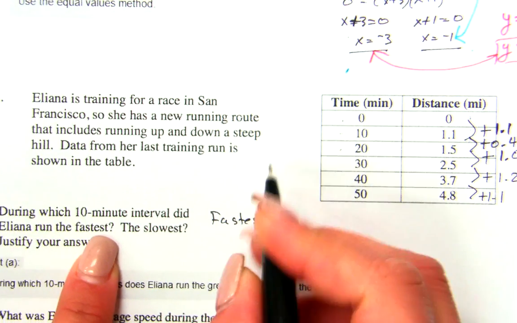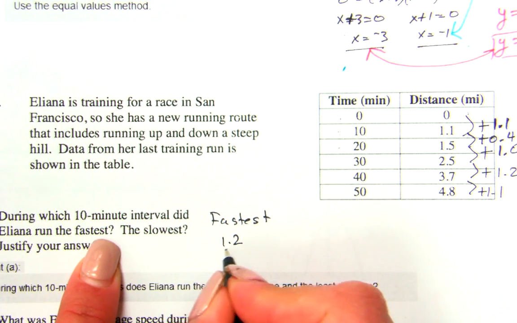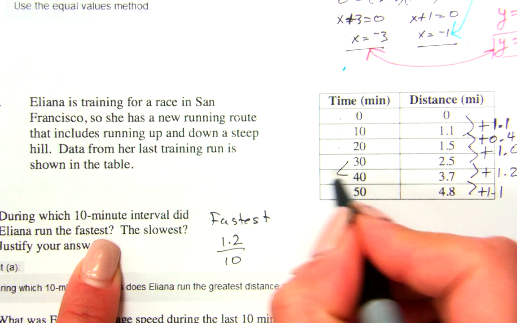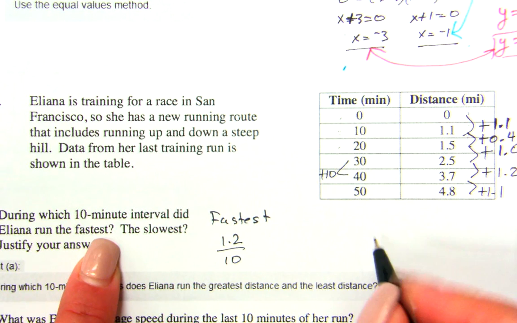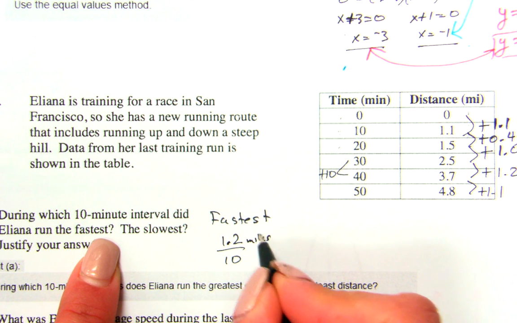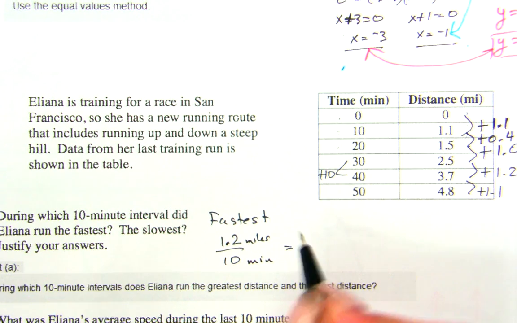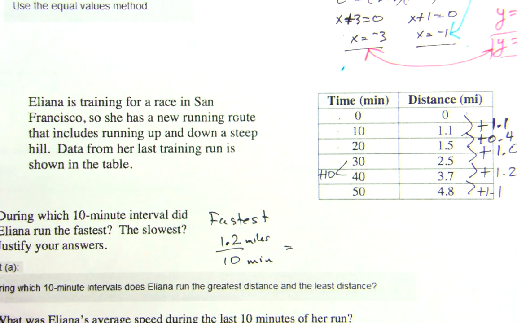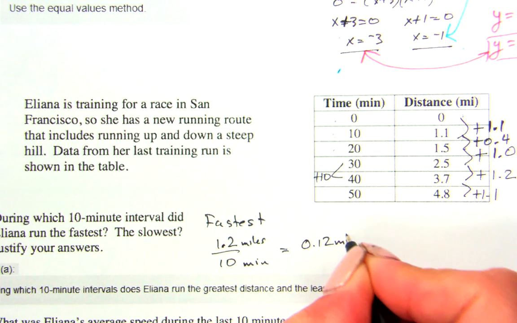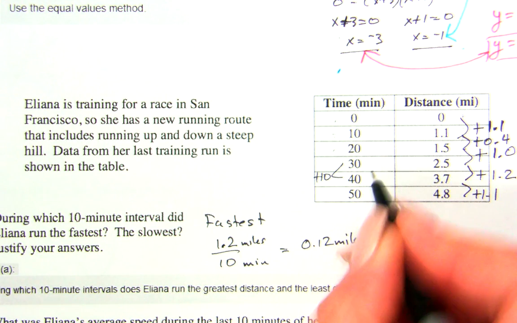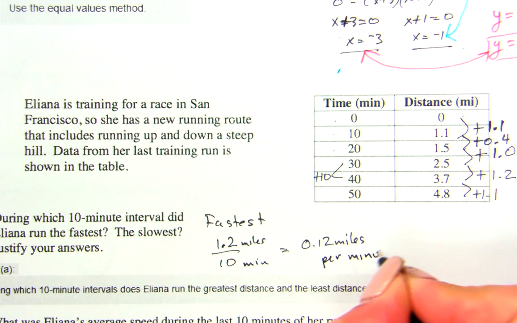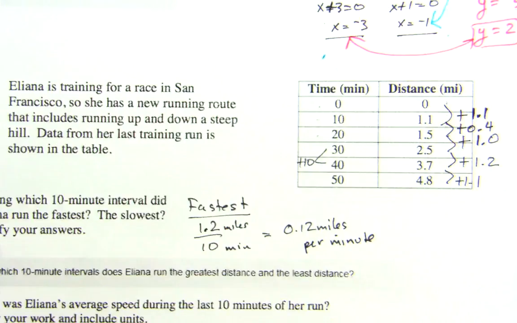All of these intervals are plus 10 minutes. So she's got 1.2 miles over 10 minutes, which gives us an average of 1.2 divided by 10, or 0.12 miles per minute during this time interval. Okay, that was her fastest time.